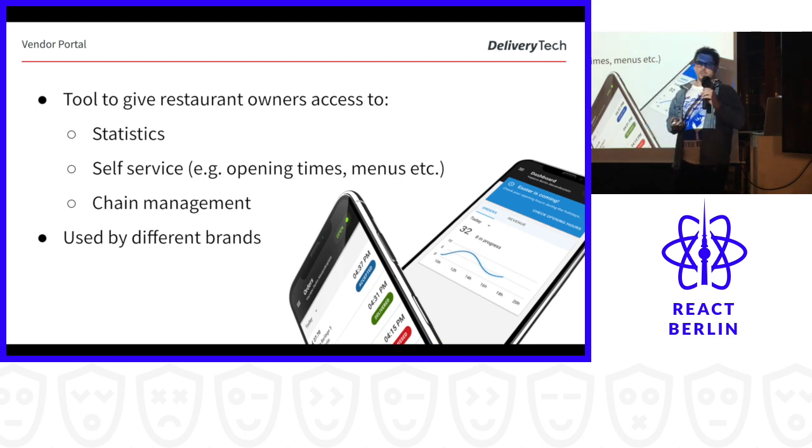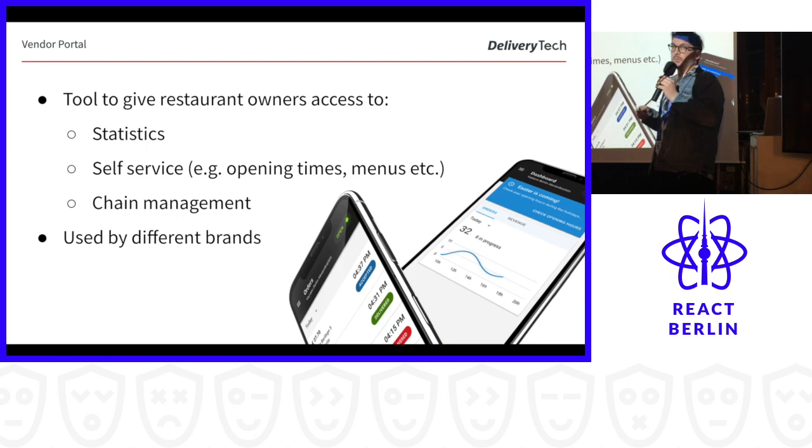Self-service, like changing opening times and the menu, and chain management for the bigger chains like McDonald's, Burger King, Subway, etc., so they can manage their entities in one environment without logging in and out all the time. And on top of that, we have different brands worldwide.